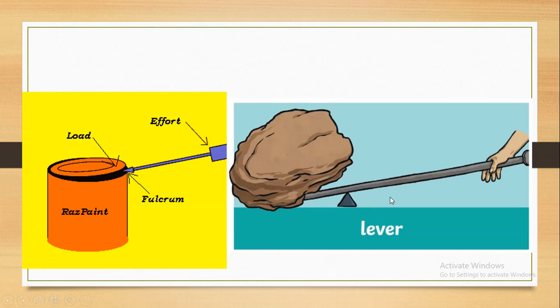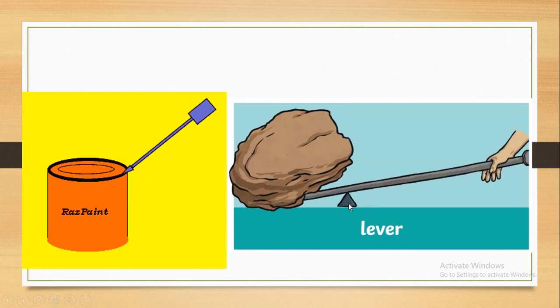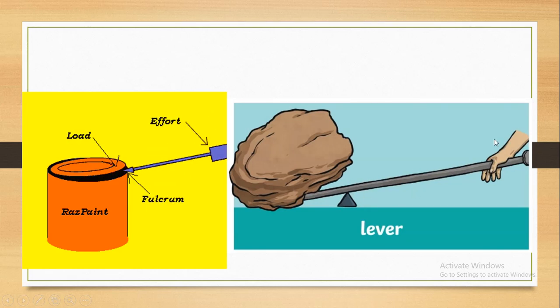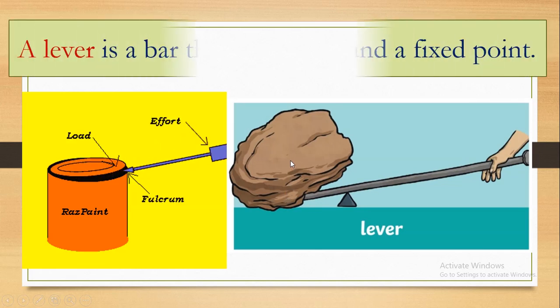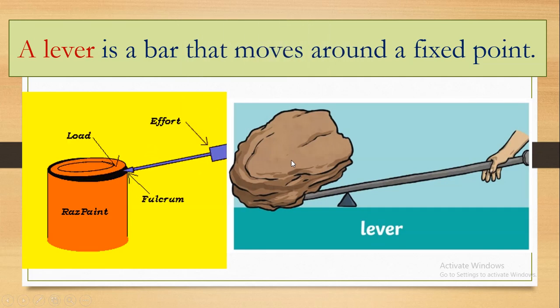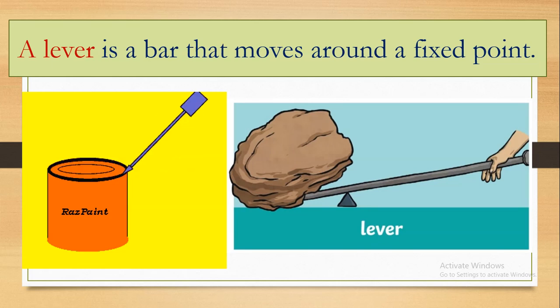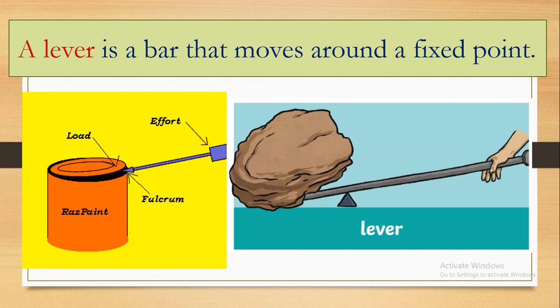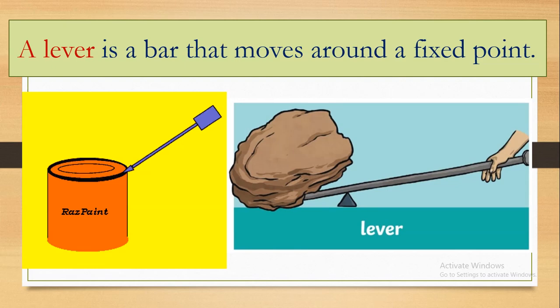In this picture, this is the bar, this is the fixed point, and we can push down this side of the bar to lift the heavy rock. So what is a lever? It's a bar that moves around a fixed point. A bar that moves around a fixed point. Now, a lever can change the direction of a motion.